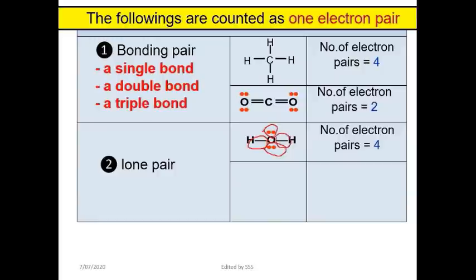So the total number of electron pairs equals 4 because 2 lone pairs and 2 bonding pair electrons exist at the oxygen atom. For NH3, the nitrogen atom contains 1 lone pair and 3 bonding pair electrons, and the total number of electron pairs is 4.